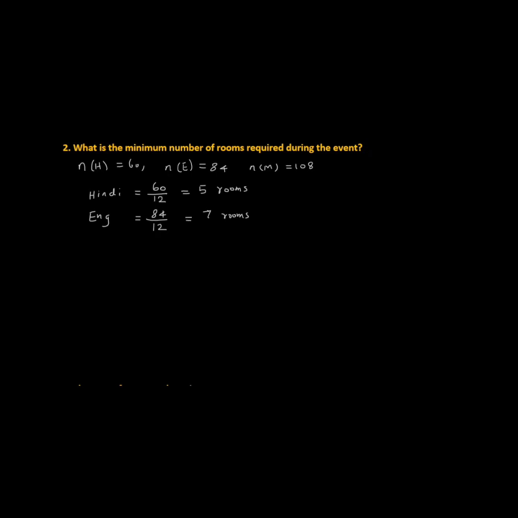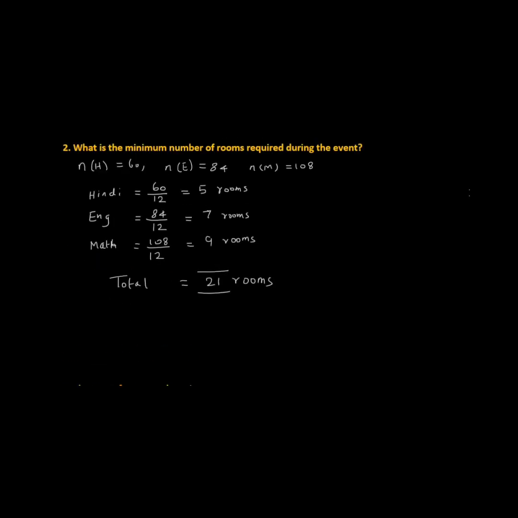Then for Maths, 108 participants; divide that by 12, we get 9 rooms, since 12 nines are 108. Now, what are the total rooms required? Totally 21 rooms. So to arrange these participants 12, 12, 12, we need 21 rooms.